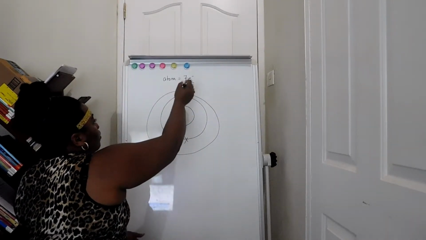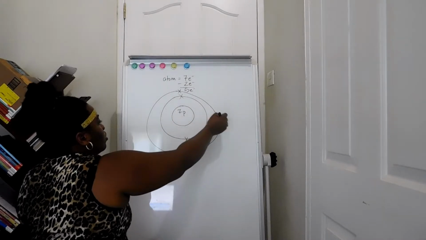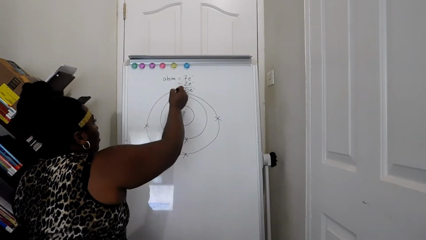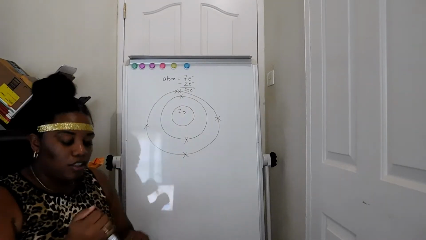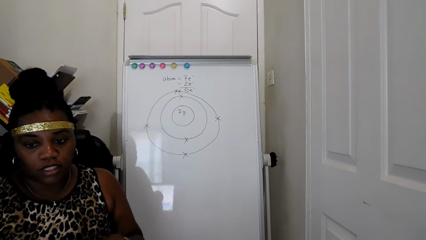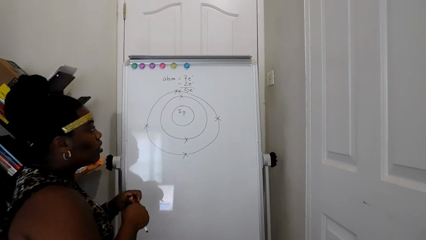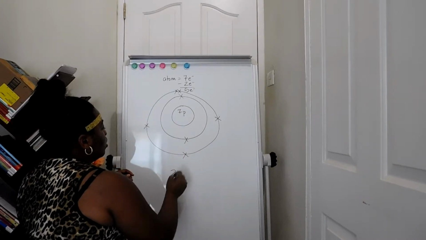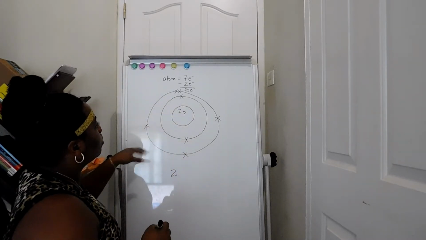So 5 can go in there, 1, 2, 3, 4, 5. Yay! So that would be our setup, and the electronic configuration, which is what they asked for, will be how much is in the first shell, which is 2, and how much is in the second shell, which is 5.